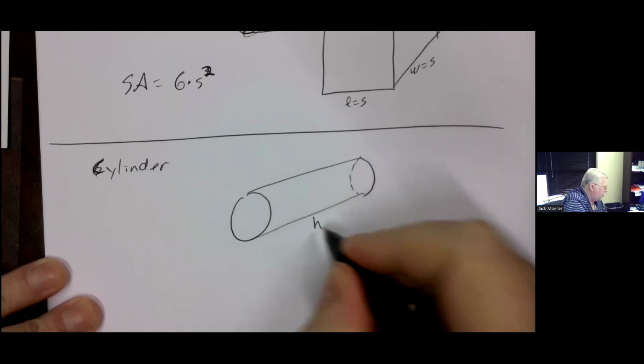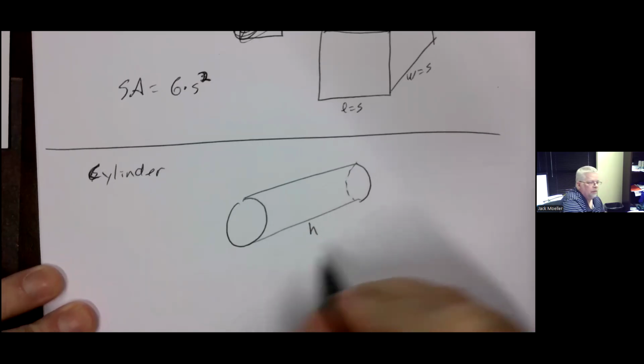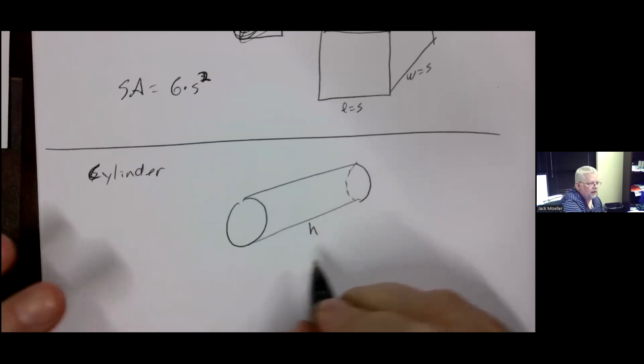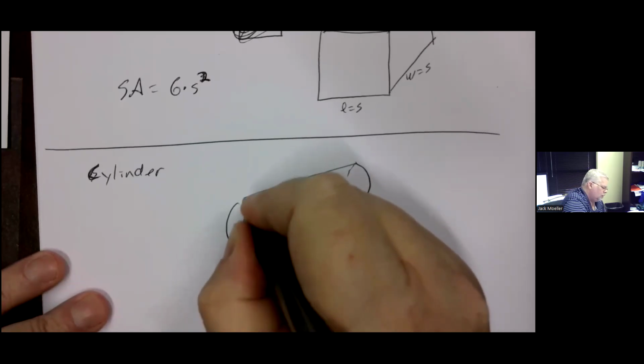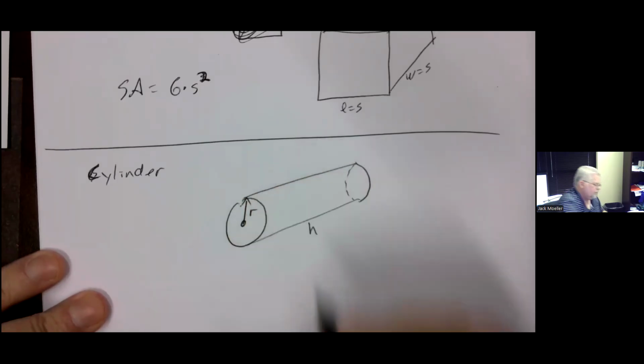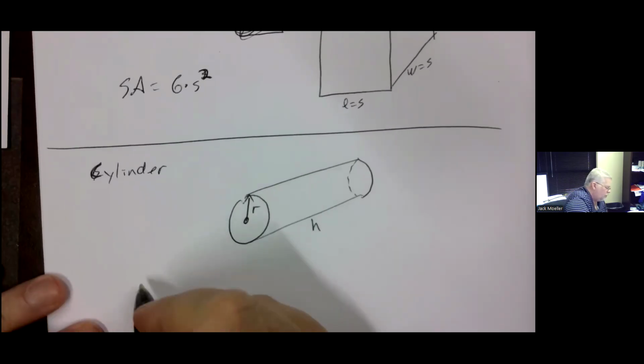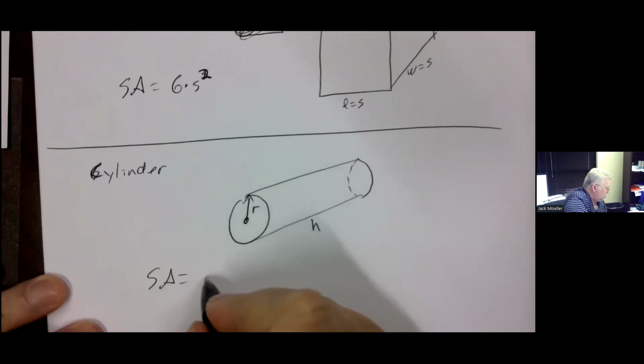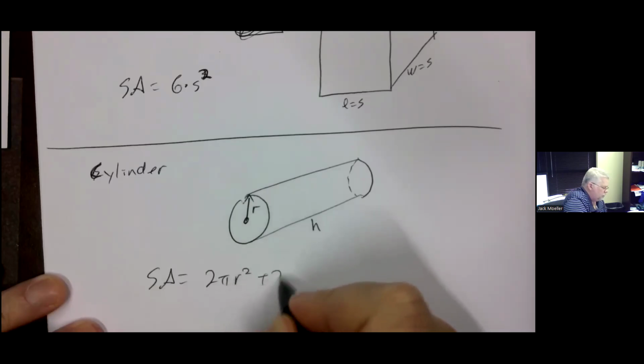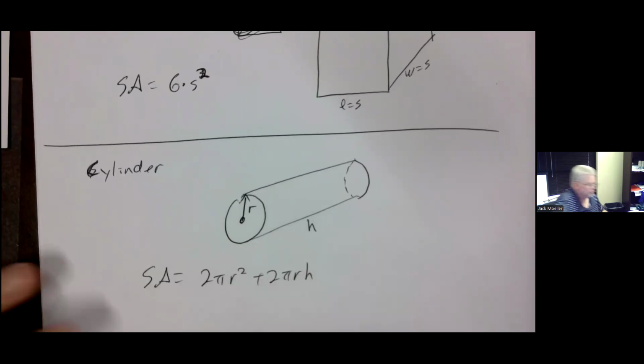So that is our height. Height doesn't matter if it's a horizontal height or vertical height. And then the other thing we need is the radius. Those are the only 2 measures that you need, because the formula for surface area of a cylinder is 2 pi r squared plus 2 pi rh.